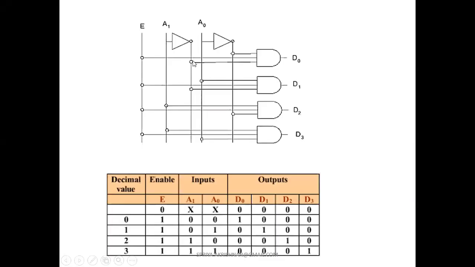First, D0 is connected to A bar, B bar. Next one is 0 1, so this is connected to A bar B. That is D1.